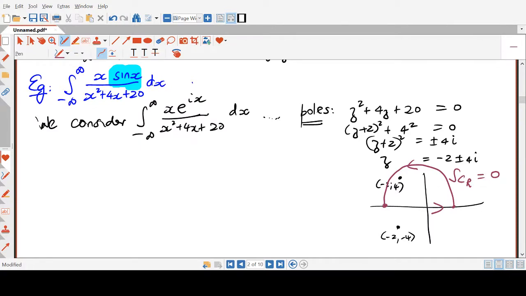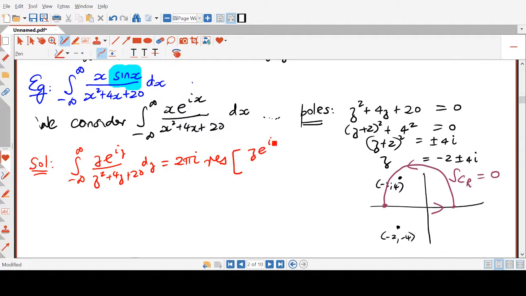So, you can then say that the solution: the integral from minus infinity to plus infinity of z e to the i z over z squared plus 4z plus 20 dz is 2 pi i times the residue of z e to the i z over z squared plus 4z plus 20.